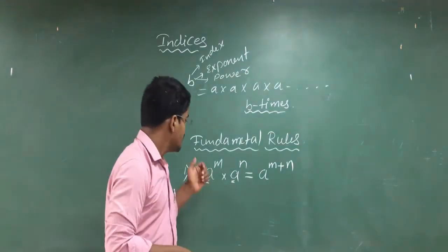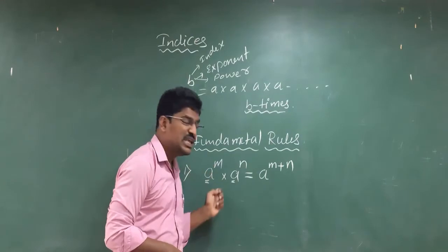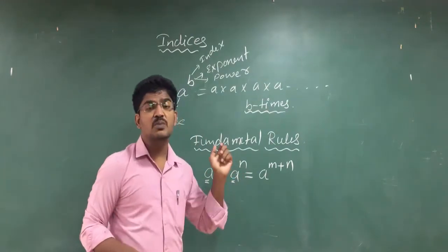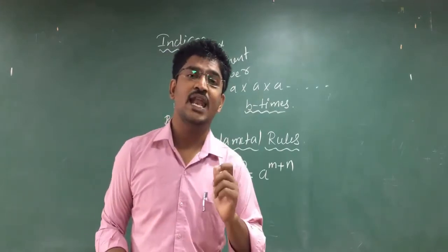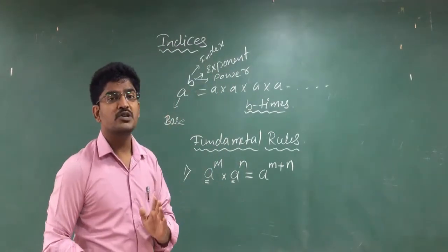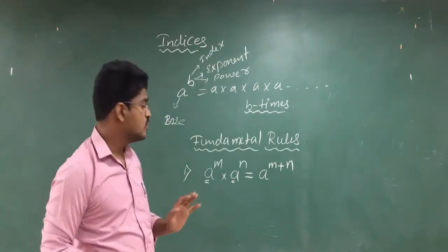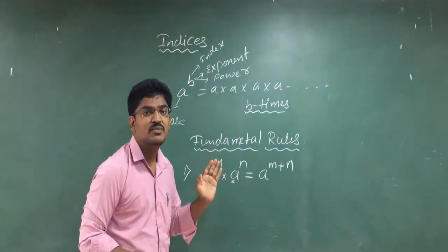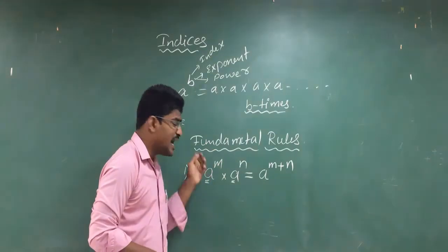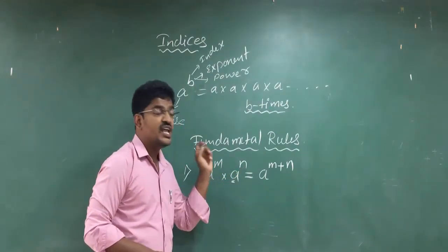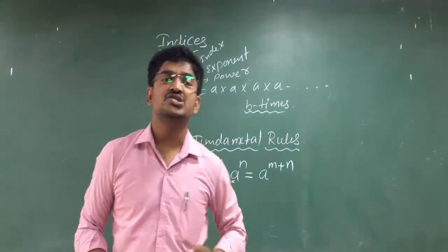Clear? So a to the power of m multiplied with a to the power of n will give you a to the power of m plus n. Clear? When is this possible? Only if the base is the same. Clear, students? So again, one more thing. M and n must be integers.